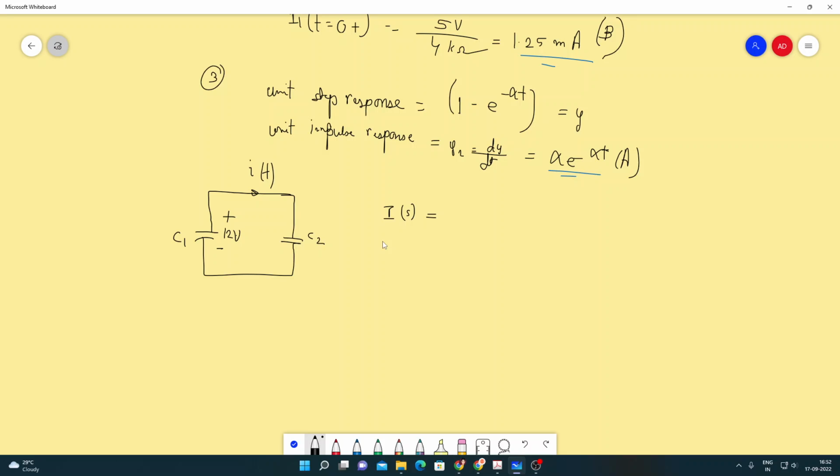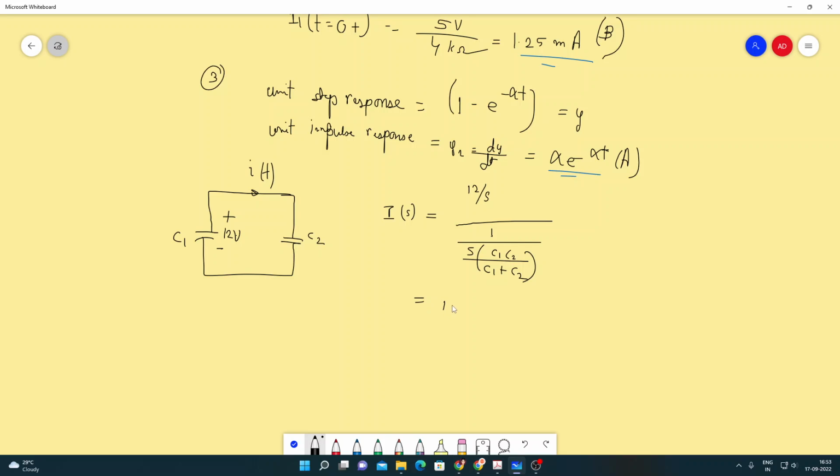So to do this problem, we need to see. What we have is a 12 volt source. So the voltage source is 12 by S divided by the total capacitance. We have two capacitors in series, so it's 1 by S times C1 C2 by C1 plus C2.